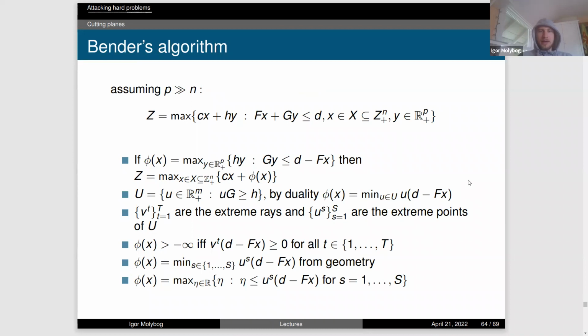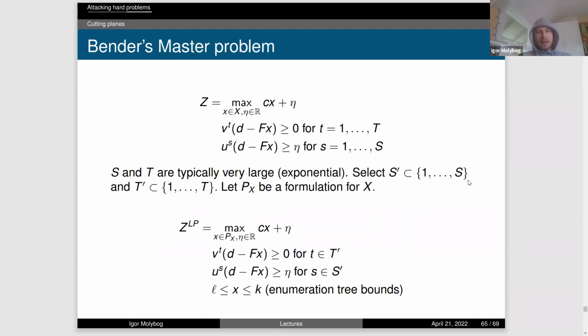Now we are going to skip to the next part, which is combining the cutting plane idea with the idea that we had before, which is the branch and bound idea.